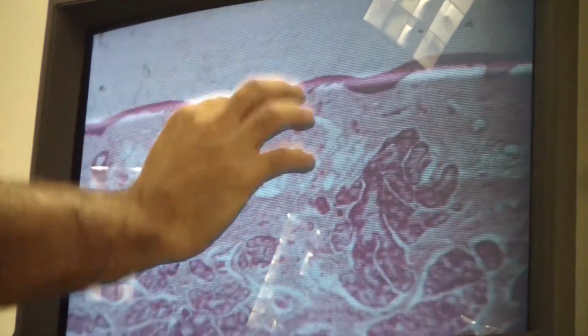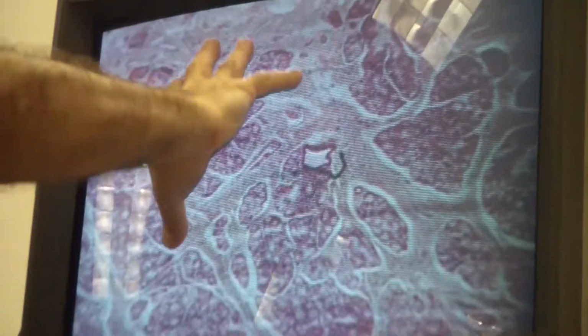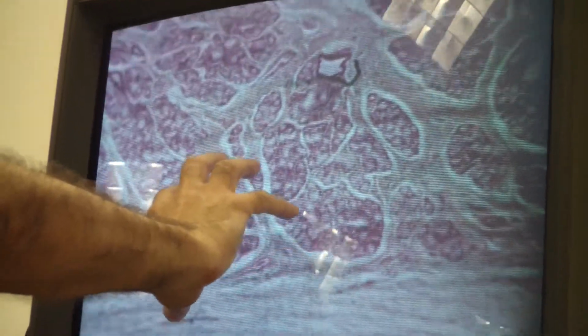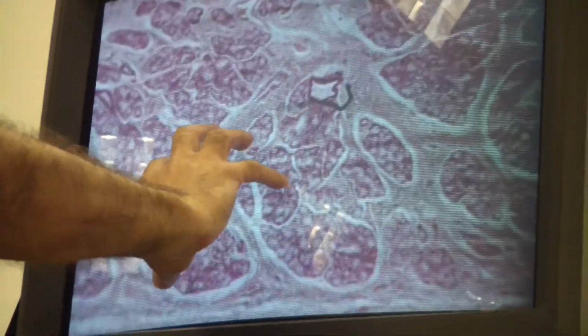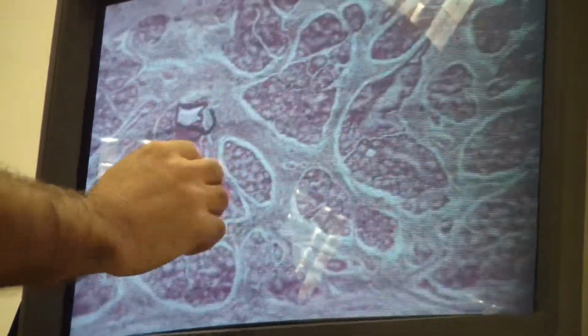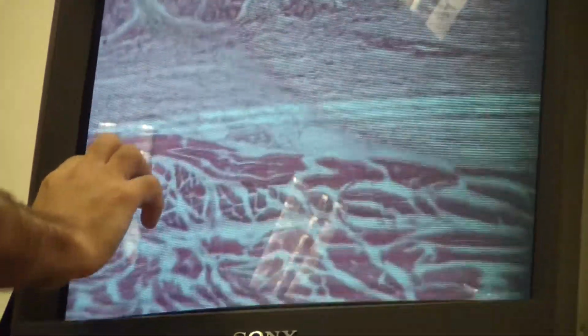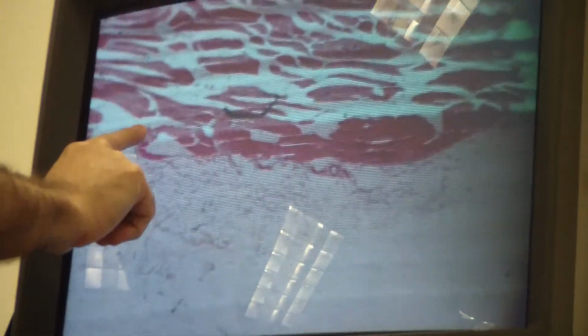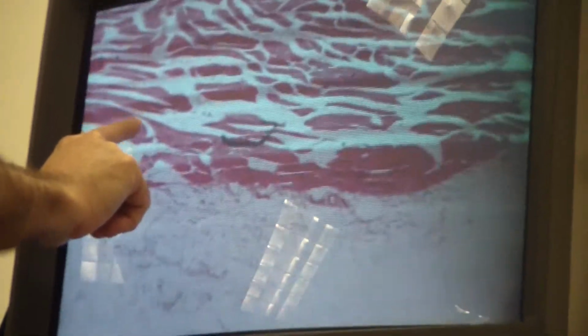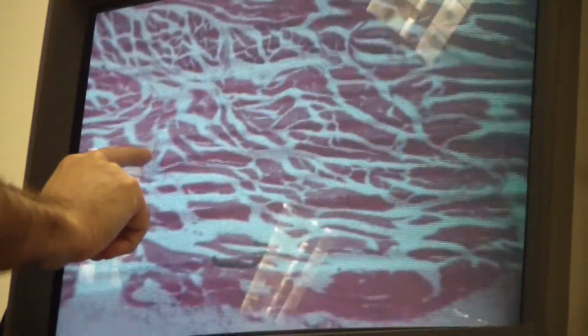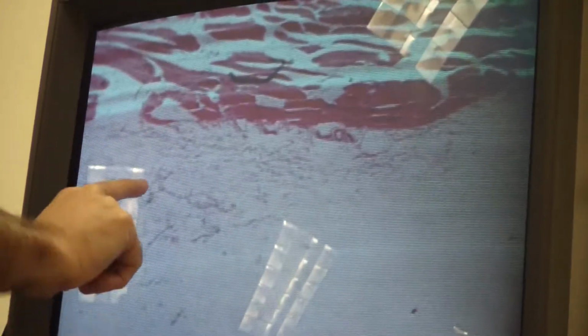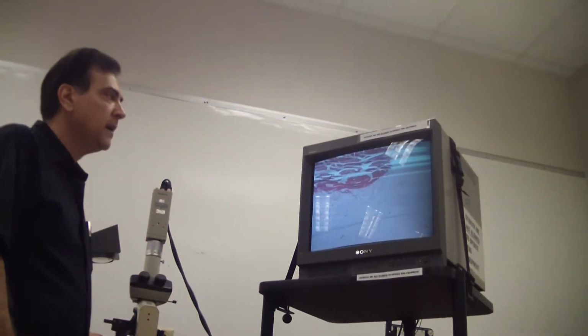So that's the mucosa. That's the submucosa: connective tissues, mucus glands, arteries and veins. And then muscularis externa, with circular and longitudinal, and then serosa.